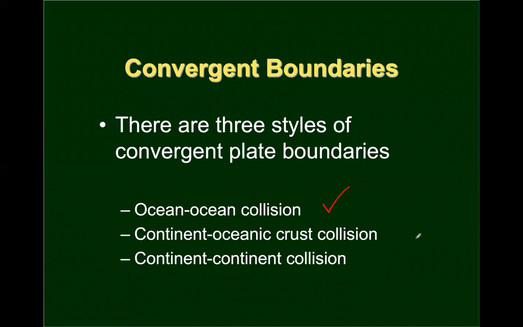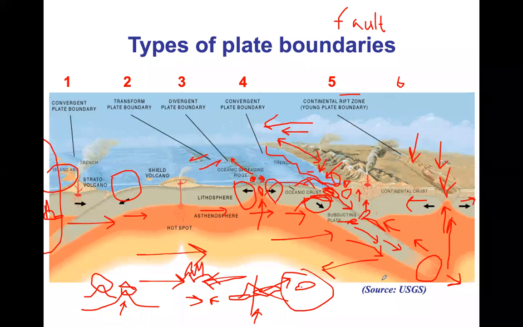The second is continental and oceanic plate collision, where the two crusts are of opposite types. The other is continent with continent. So these are the three types of convergent plate boundaries.